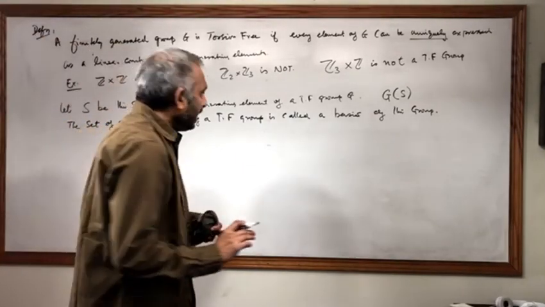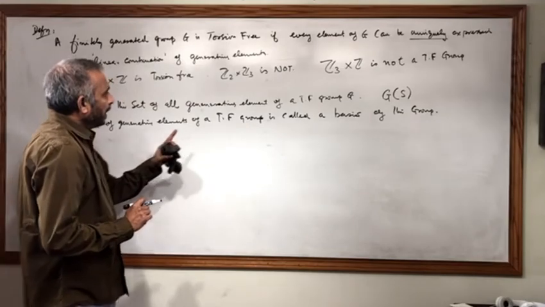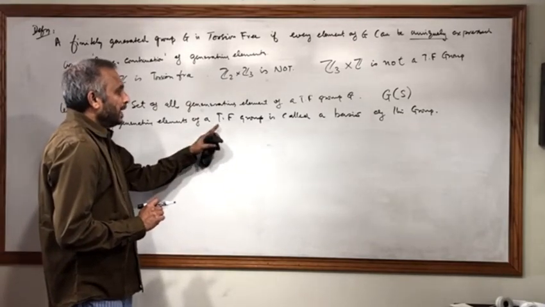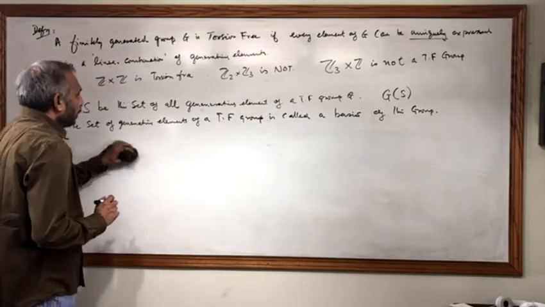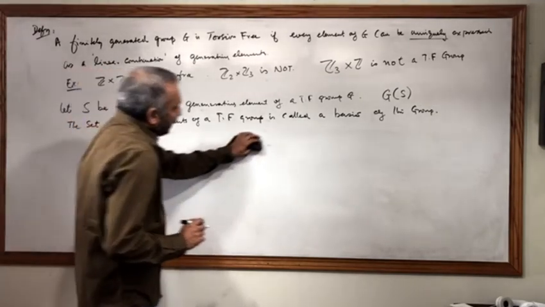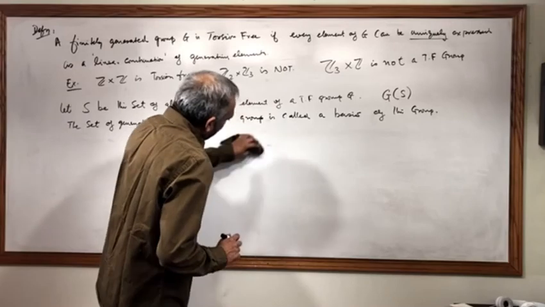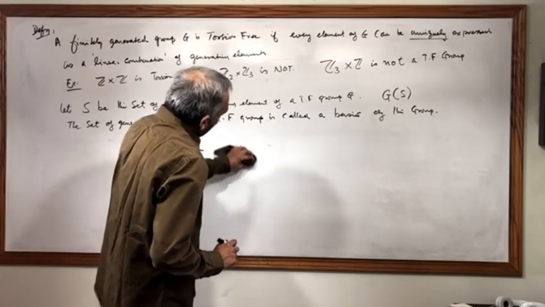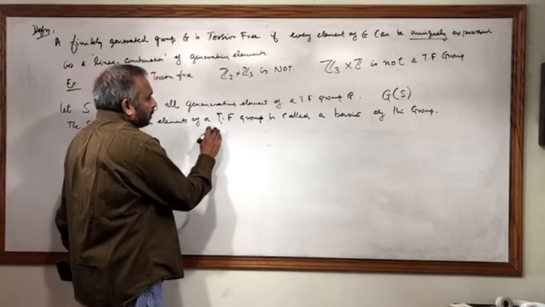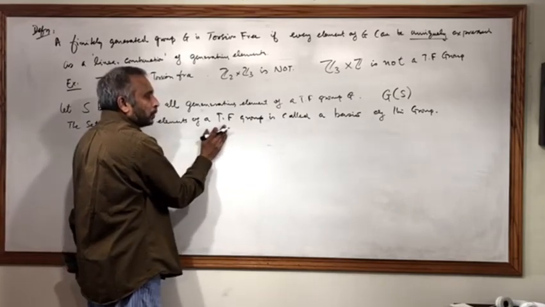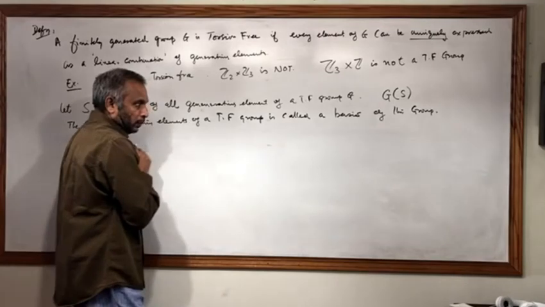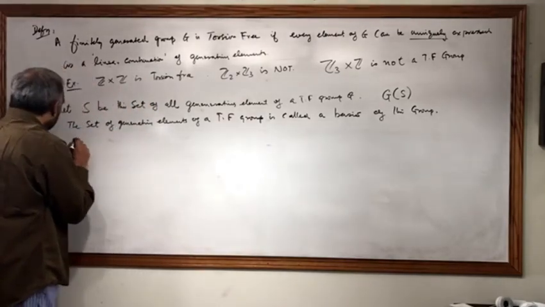Now let us see the structure of a torsion-free group, a finitely generated torsion-free group. Meaning we are going to find out a group that we are familiar with, which can be isomorphic to a torsion-free group. So the result is this.